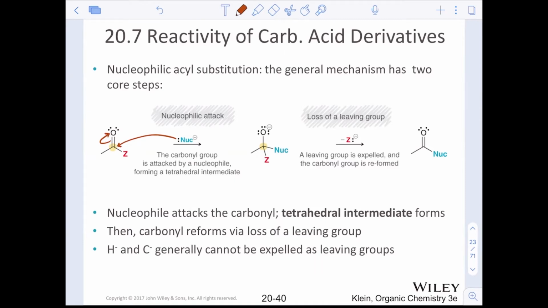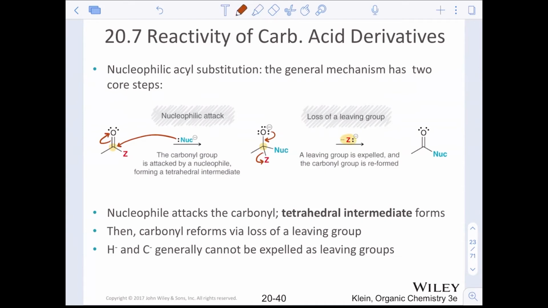And then the lone pairs from the oxygen can drop back down, which will kick out the leaving group. If the reaction occurs, it will kick out the original Z atom, right? The nucleophile will be more stable to stay on, and it will kick out Z minus. The leaving group has to be stable as well, right?